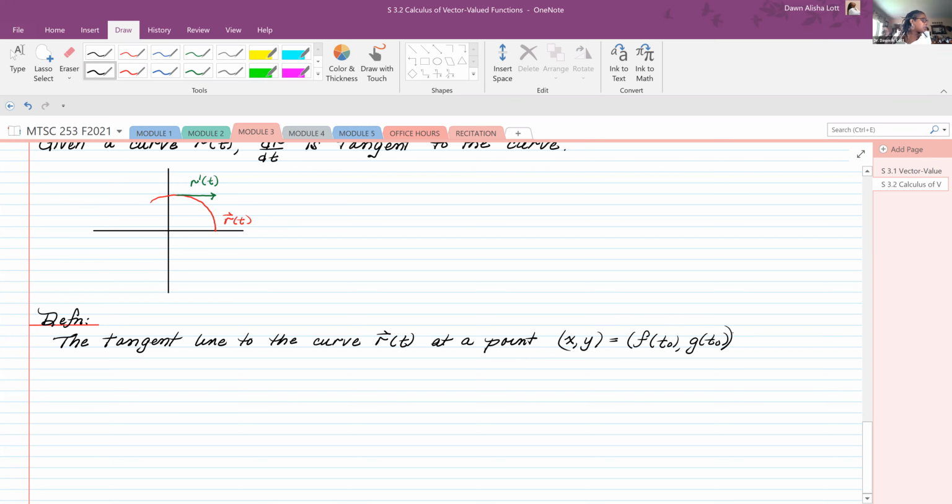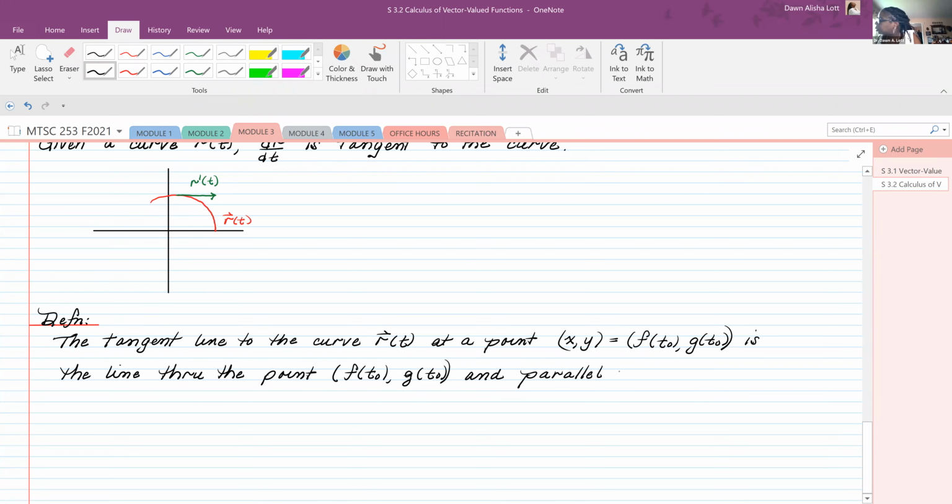So the tangent line to the curve is the line through the point f of t naught, g of t naught and parallel to dr dt at t naught.